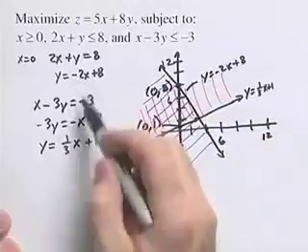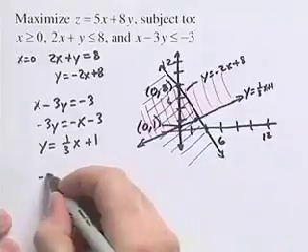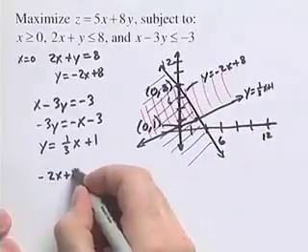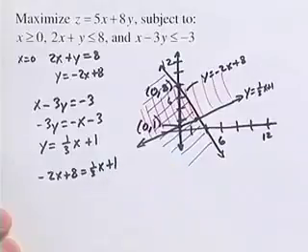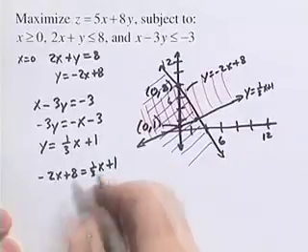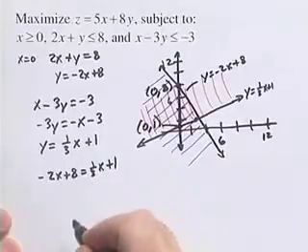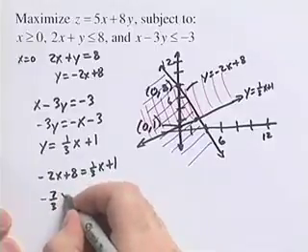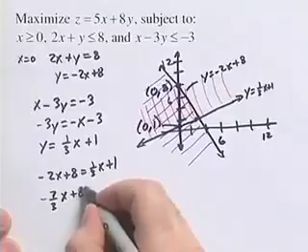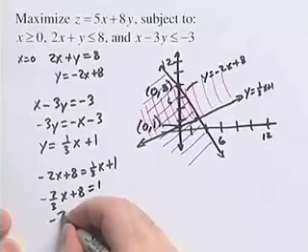So we're going to set the two y's equal to each other. So we'll have negative 2x plus 8 equals 1/3 x plus 1. We need to solve this for x. We'll go ahead and subtract 1/3 x from both sides. So this will be negative 7/3 x plus 8 equals 1. Negative 7/3 x.